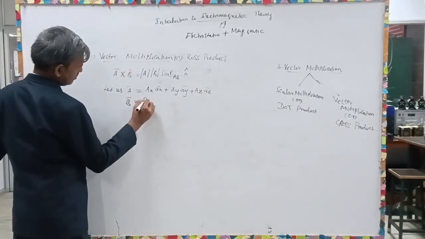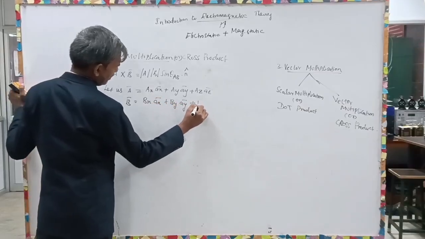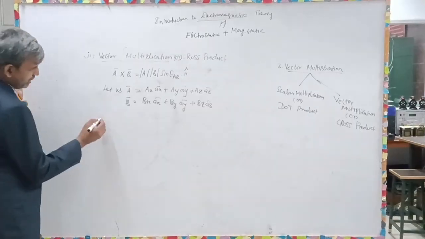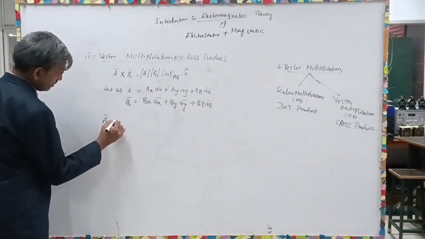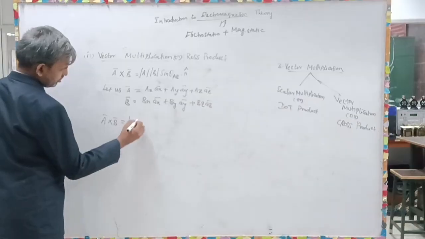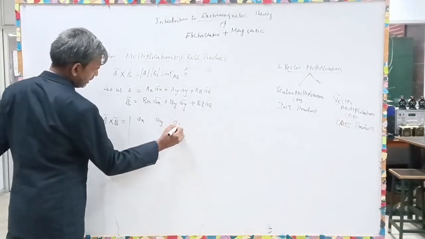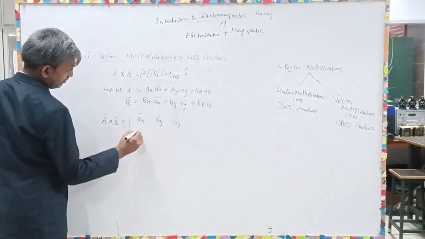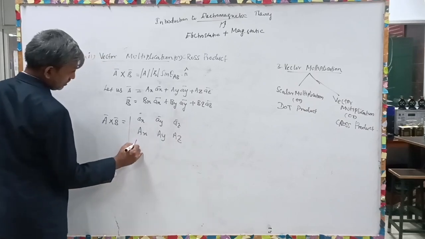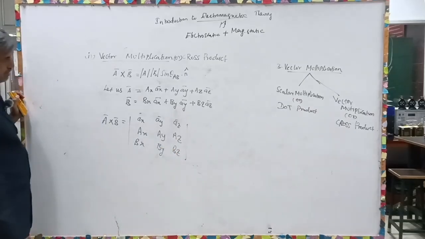So the B vector is equal to Bx Ax, By Ay plus Bz into Az. Now we are taking A cross B.